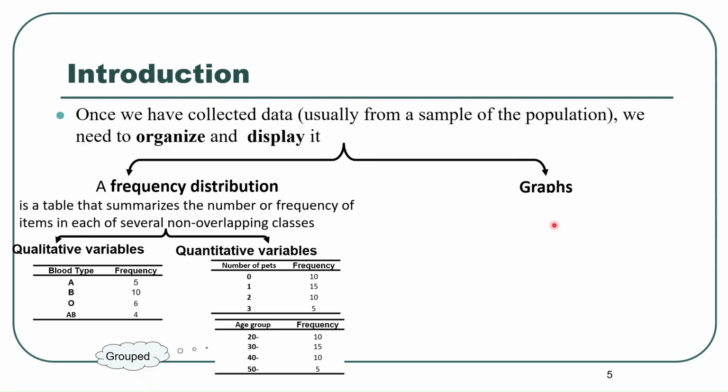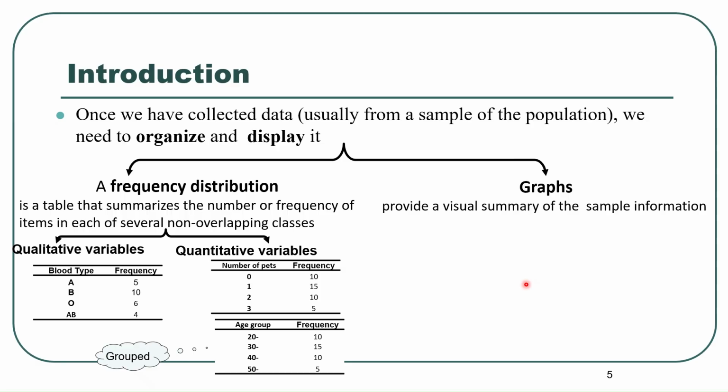Graphs. I can use graphs to represent my data instead of using frequency distributions or tables. This is just a visual summary to put the information of my sample in a nicer and more compact way compared to the table.